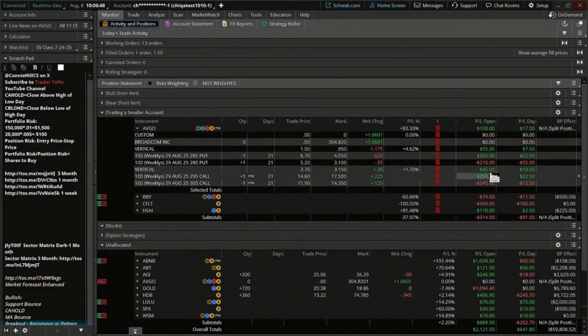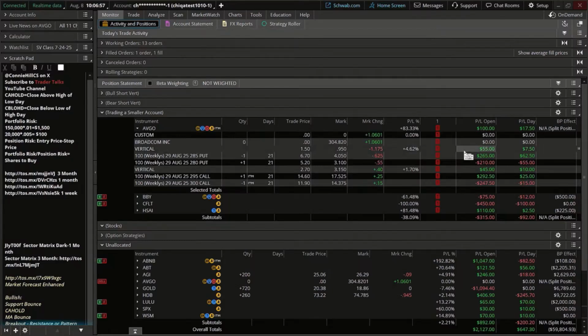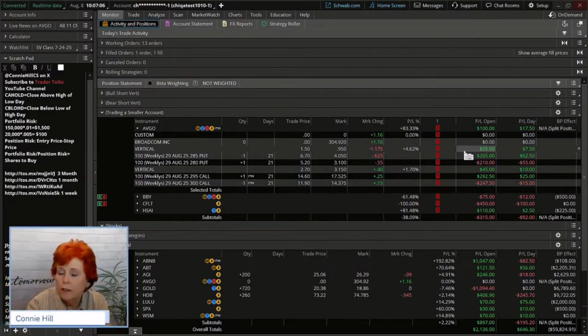Okay. So our vertical, that's the long call vertical, we're up $45. The short put vertical, we're up $55. Now, when we started this, we had basically a smaller percent return that we were looking at for our put vertical than we were for our long call vertical.